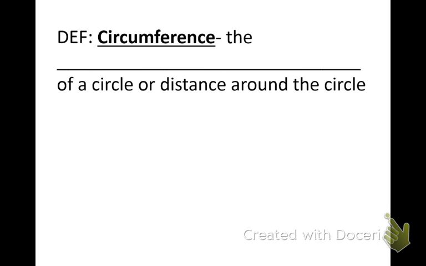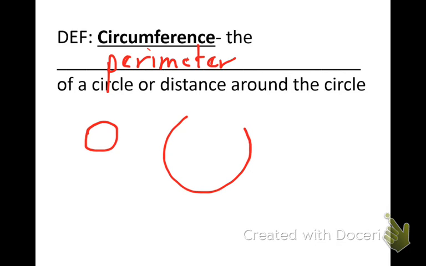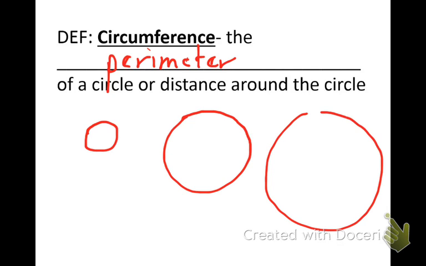Circumference is another name for the perimeter of a circle, or distance around a circle. I might have a circle like this, and a circle like this, any size, different size circles.